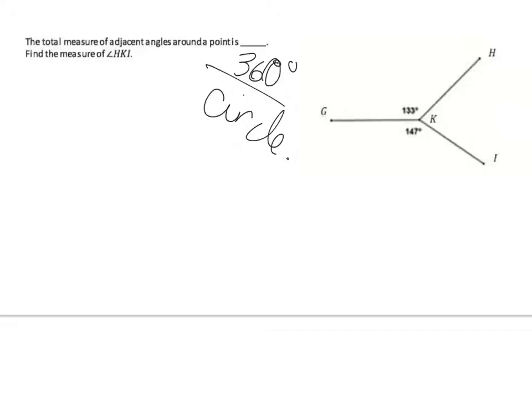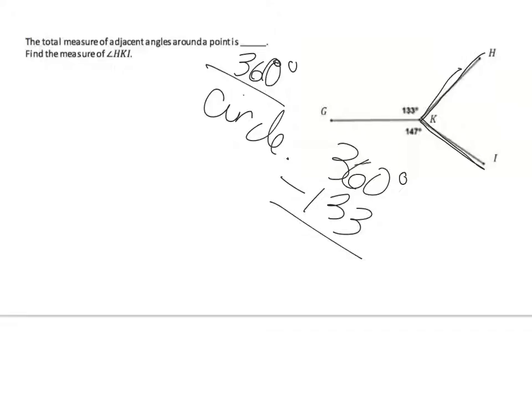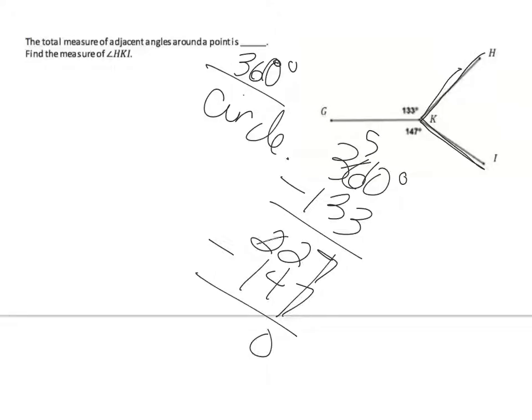Find the measure of angle HKI. HKI is right here. So we have 360 degrees minus 133 minus 147. 12 minus 4 is 8. 80 degrees.